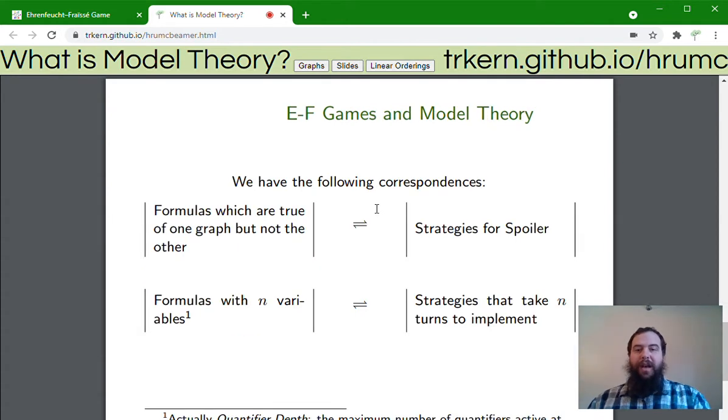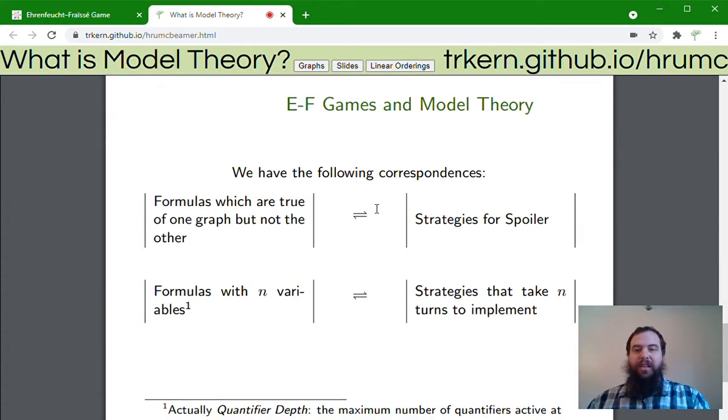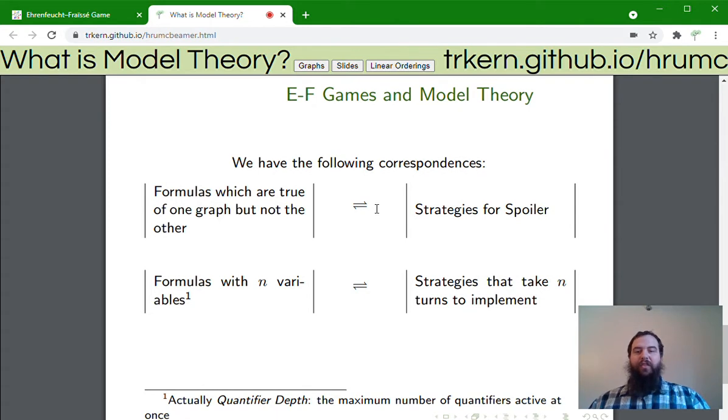So it turns out that there's actually this really close relationship between Ehrenfeucht-Fraïssé games and model theory and this first order logic of graphs that I described earlier. In particular, formulas in this language, which can be used to distinguish the 2 graphs, formulas which are true of one graph but not true of the other, correspond to strategies for spoiler.